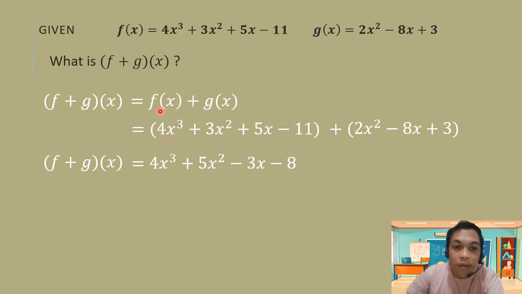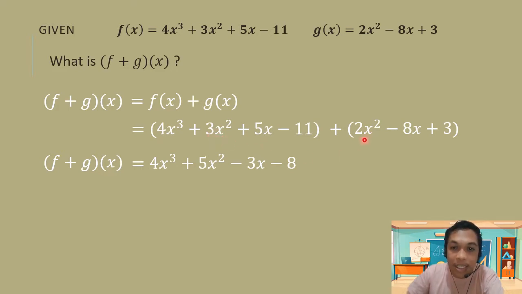So, as you can see, yung 4x cubed, nag-iisa lang siya at wala na siyang kasamang ibang term na kaparehas niya. So, mariretain na siya as 4x cubed. And then, for 3x squared, siya ay like term with the 2x squared. So, pwede natin silang ipag-combine by adding their numerical coefficients.